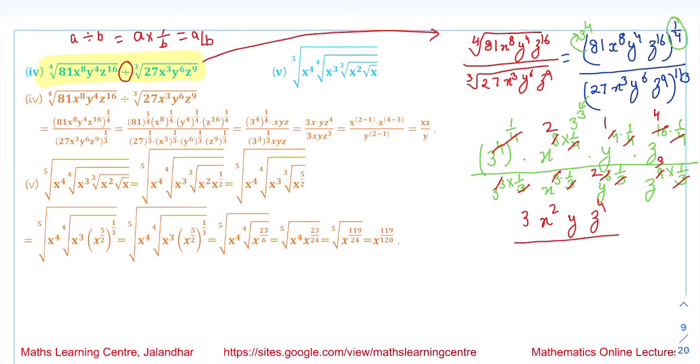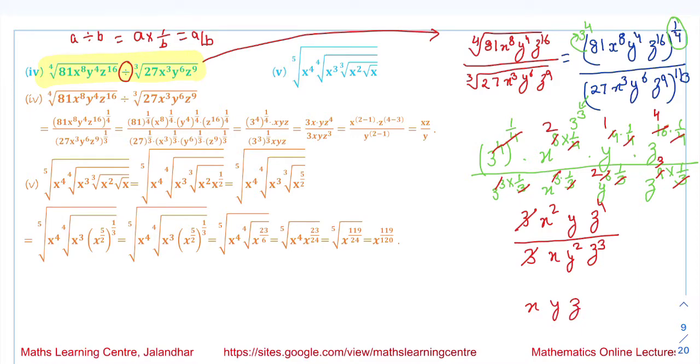Then in the denominator you are getting 3 into x into y square into z cube. Now 3 gets cancelled in the numerator and denominator. Now we write the final answer in x, y and z.